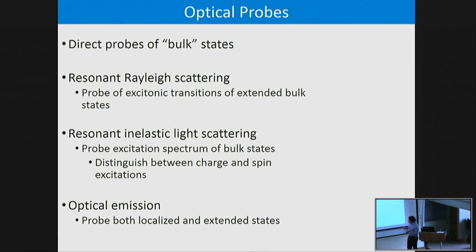So when we use resonant Rayleigh scattering, we're really probing the vacancies in the conduction band, and the use of resonant elastic light scattering enables us to not only probe the excitation spectrum, but actually distinguish between charge and spin modes. And finally, what we're looking at today is the optical emission, which also allows us to look specifically at not only extended but also localized states and look at everything simultaneously.